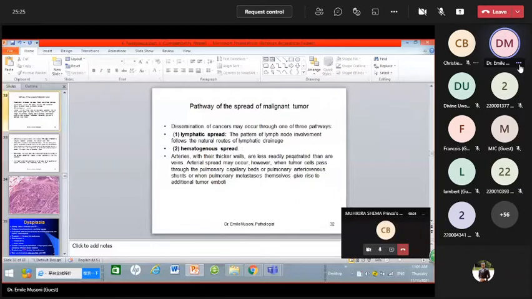Dysplasia is a neoplasm which is benign and which may develop into a malignant neoplasm if there is no proper treatment. Okay? Yes, thank you.